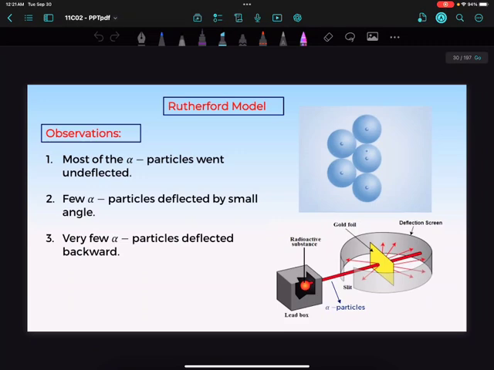According to the Rutherford model, the observation was that most of the alpha particles went undeflected. Few alpha particles were deflected by a small angle, and very few alpha particles were deflected backwards.